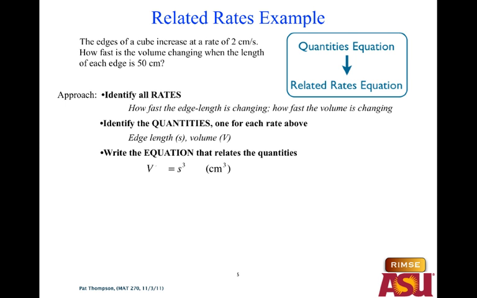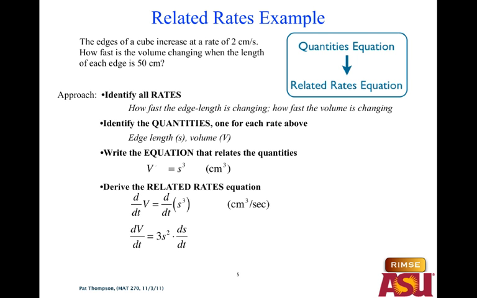What will the derivative be on the right? 3S squared dS/dt. So we take the derivative of V with respect to t and S cubed with respect to t. And that's going to give us dV/dt equals 3S squared dS/dt. There's our related rates equation, right? So again, related quantities, related rates.